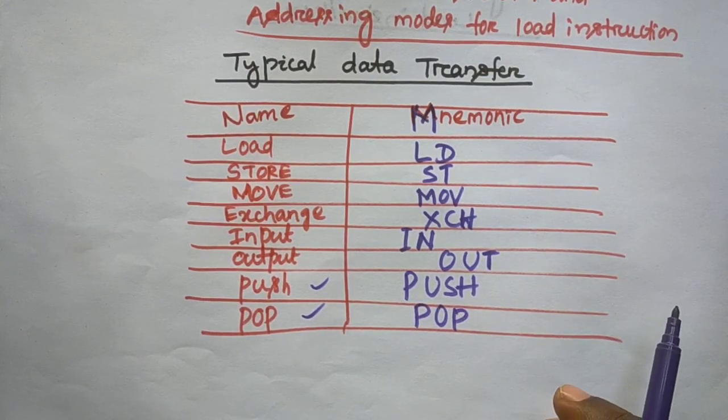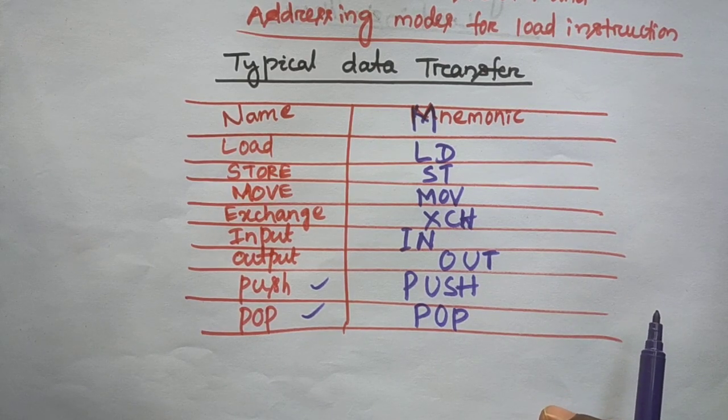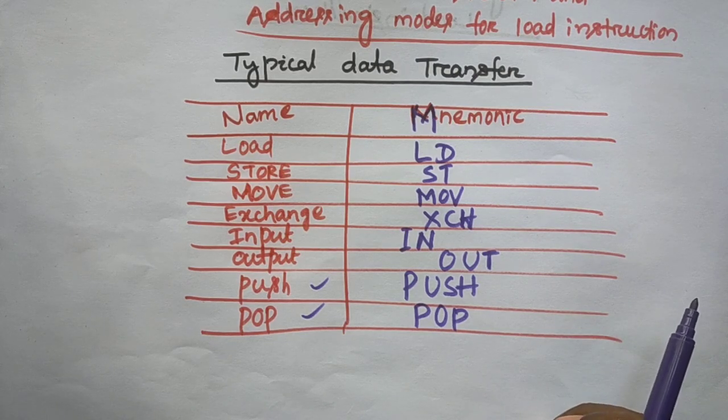So these are the mnemonics used for data transferring, meaning data transfer from one component to another component, or one data address to another data address. Different names we can use, and based on that, different mnemonics are used.